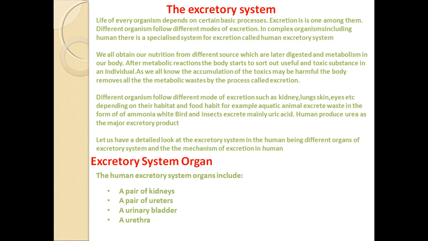So the toxins are harmful to the body, they should be removed by the process of excretion, and the excretory system is helping in removing the waste or the toxins which are harmful to human beings by the help of these excretory system organs, that is a pair of kidneys, a pair of ureters, urinary bladder and urethra.